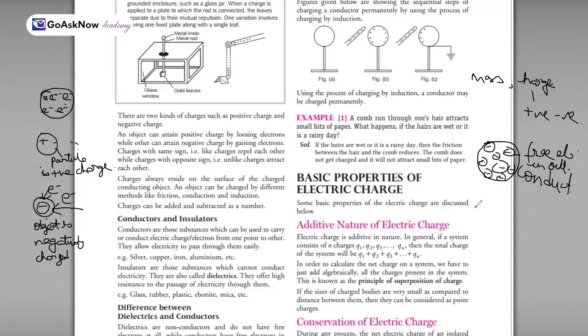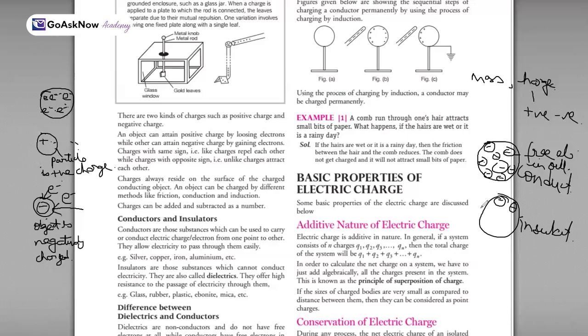On the other hand, insulators are those substances which cannot conduct electricity, and they don't have free electrons inside them. If you see an insulator, it has negligible free electrons in the outermost shell.